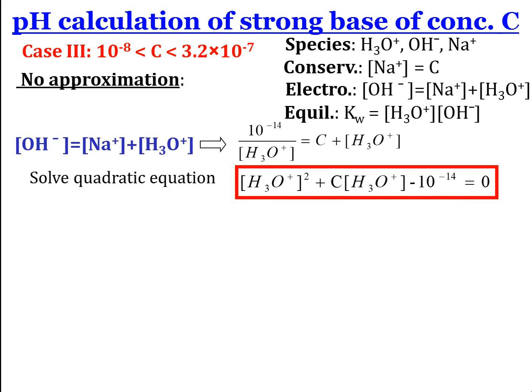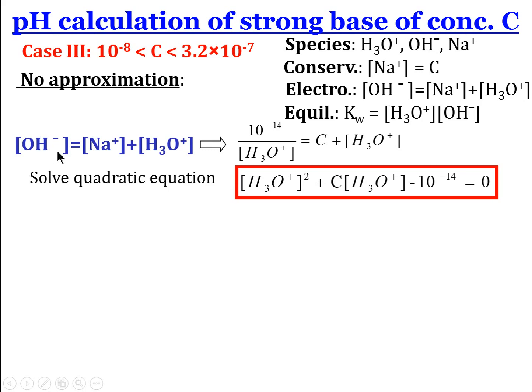It's better when you have a base to work on the concentration of OH minus and pOH, and when you have an acid, to work on the concentration of H3O+ and pH. Since we have a base, I prefer to use OH minus.